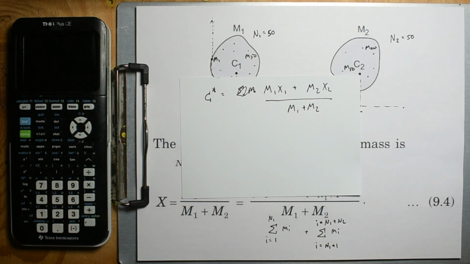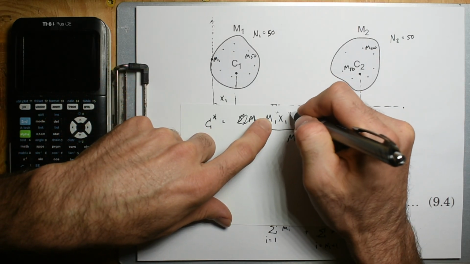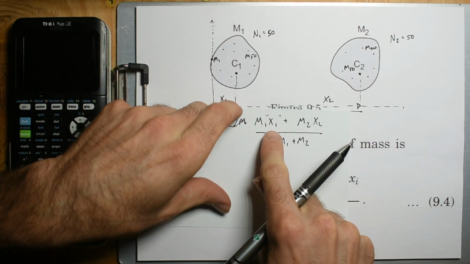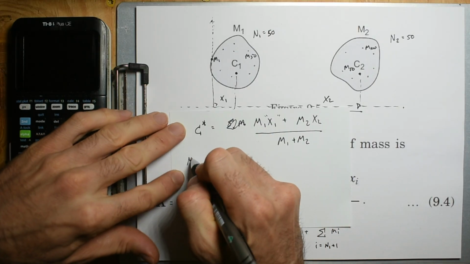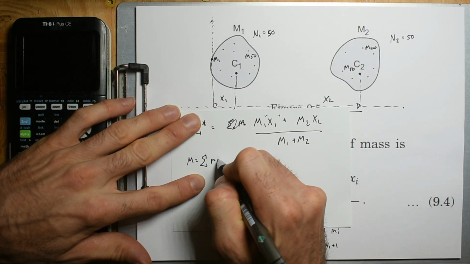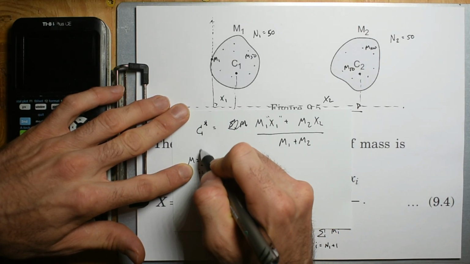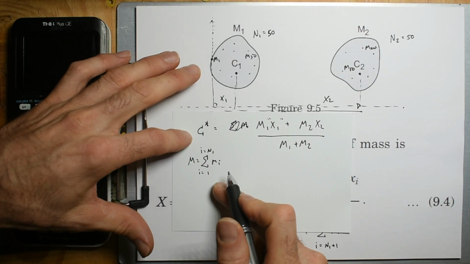I'm glad I did this, because this is the kicker right here. Well, all of them are, but let's do the easy one first: M1 is the summation of mi, from i equals 1 to i equals n1. We're getting faster at that.